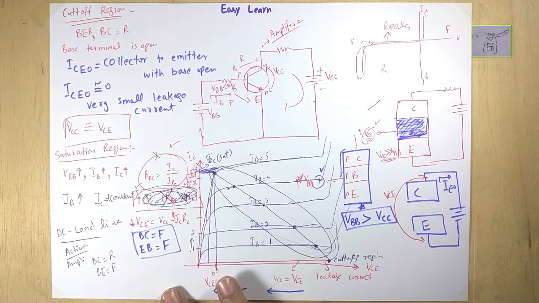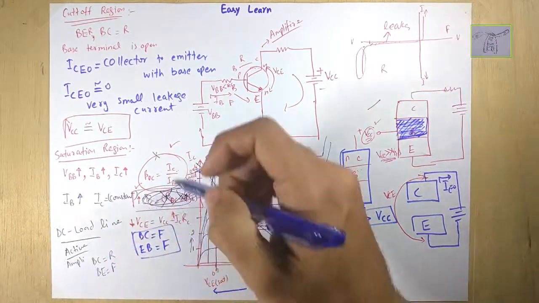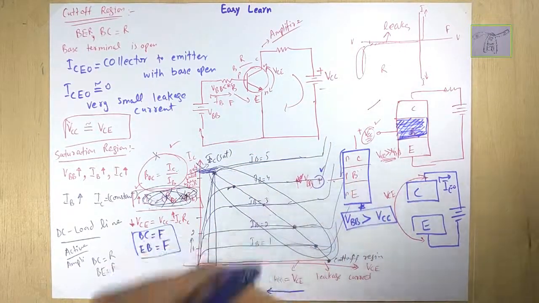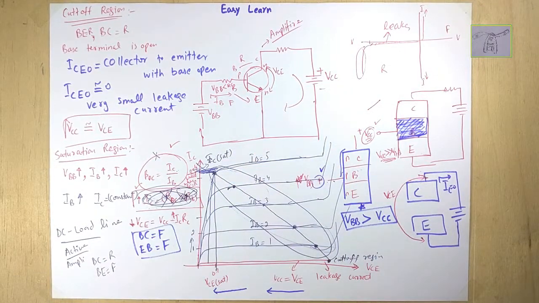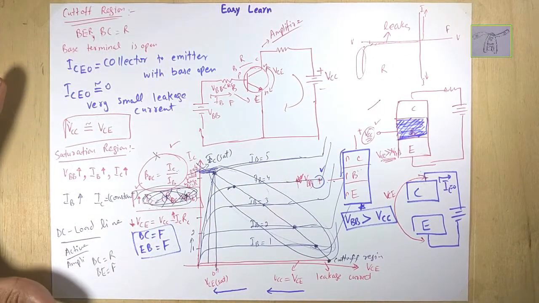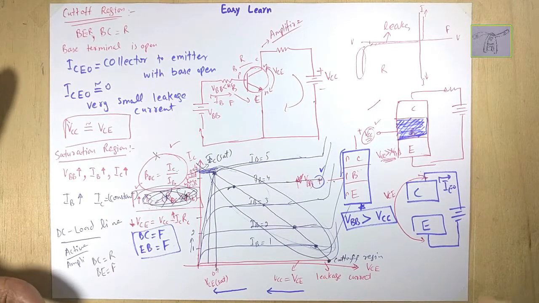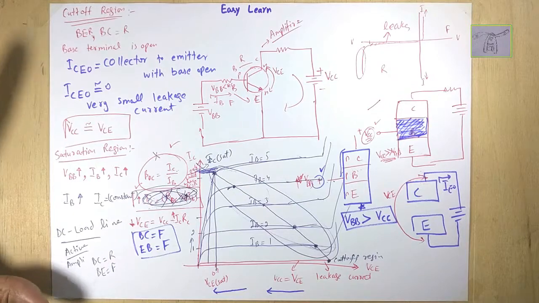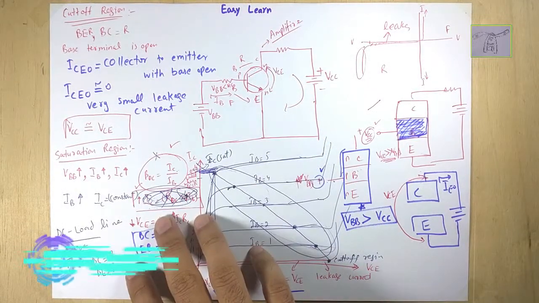So we have discussed three situations: both reverse biased, both forward biased, and one forward and one reverse biased. From episode 1 I said that we will cover these things as we grow, and now we have covered the three situations.